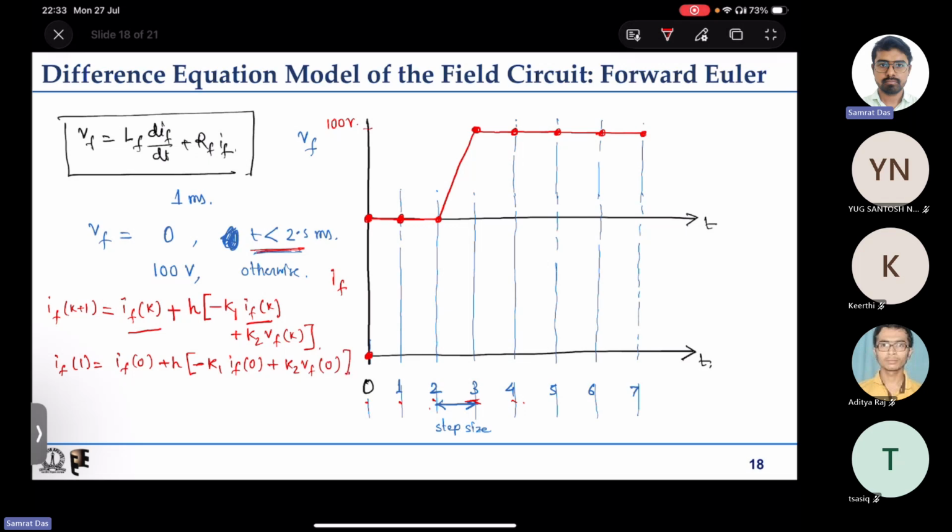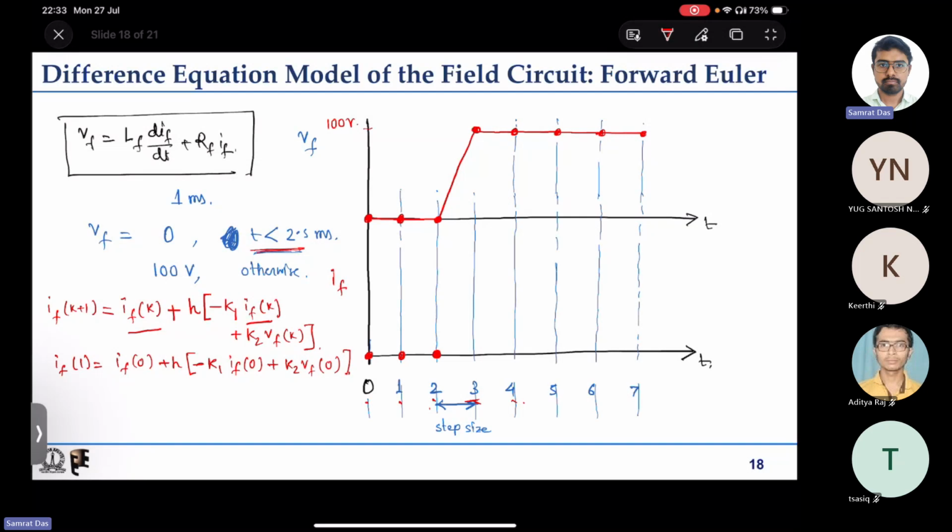Both VF0 and IF0 are 0, so again it will be 0. When we are at 2, both IF1 and VF1 are 0, so this will remain like this only.